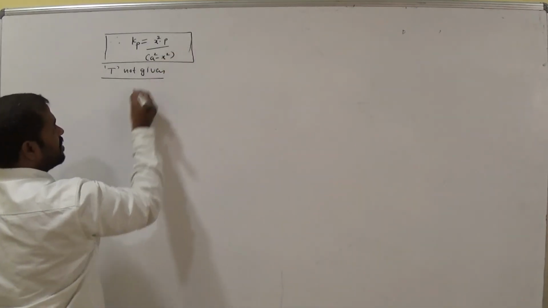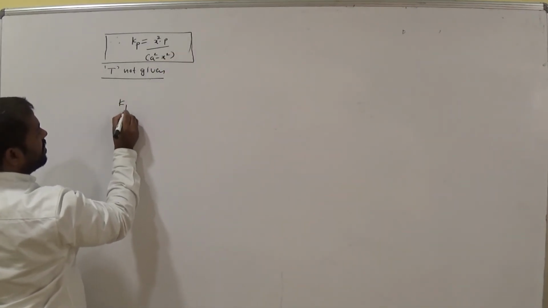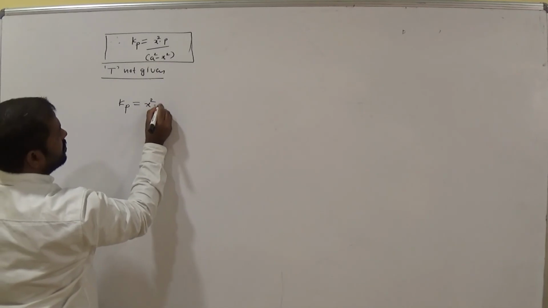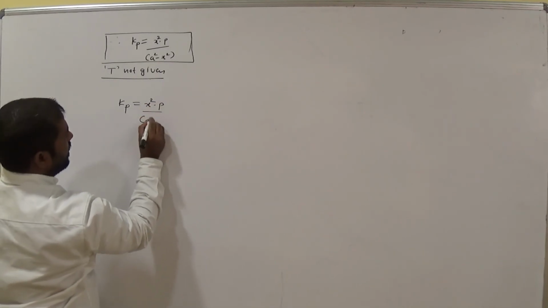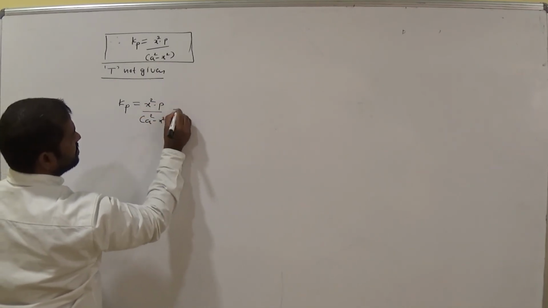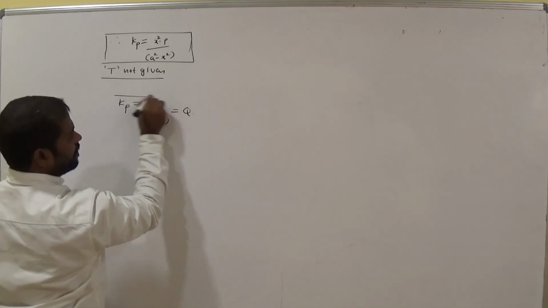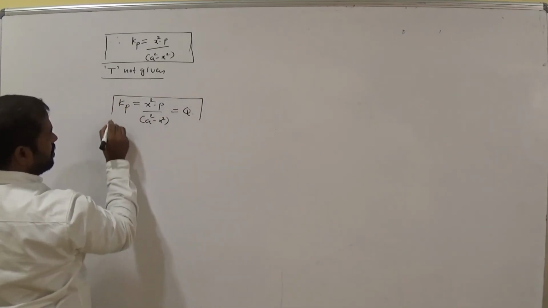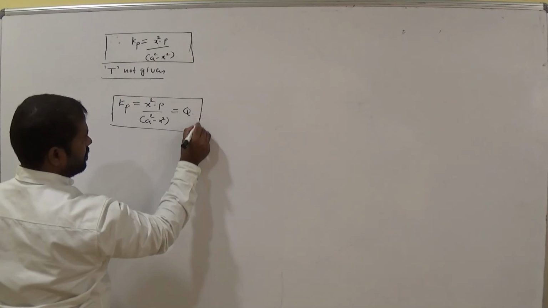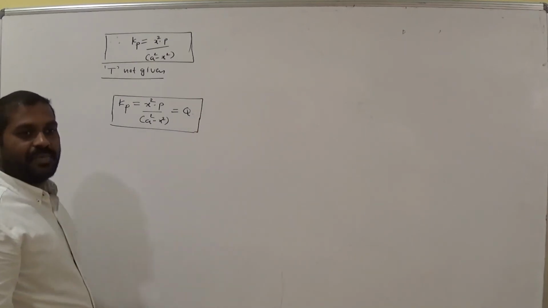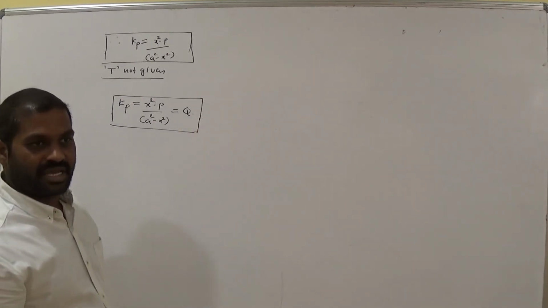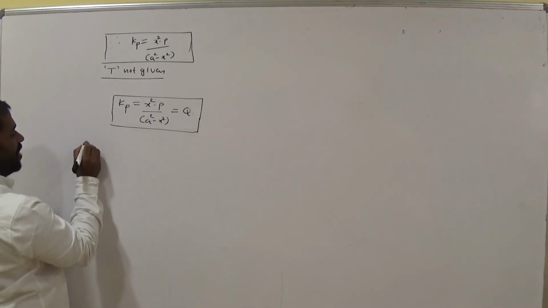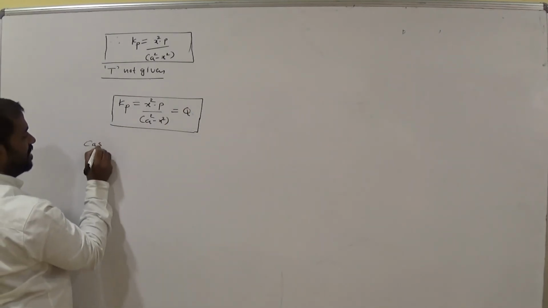So this expression, x square into P by A square minus x square, is also taken as Q. Partial pressure, okay, remember this. Here we have three cases regarding this formula.